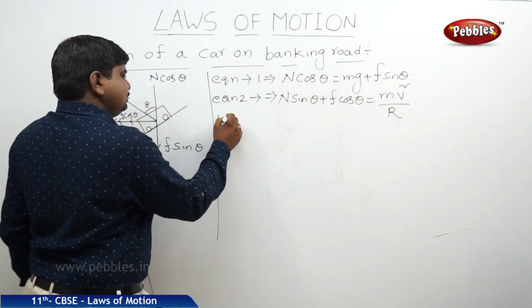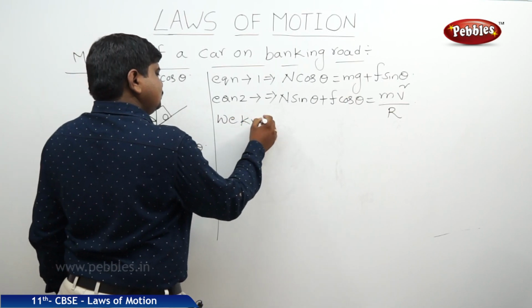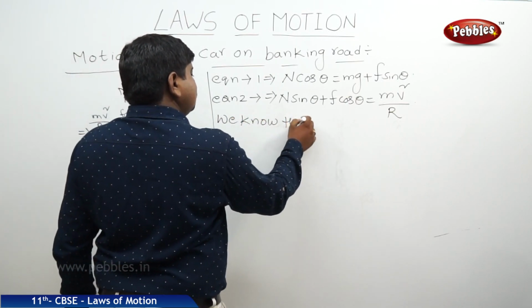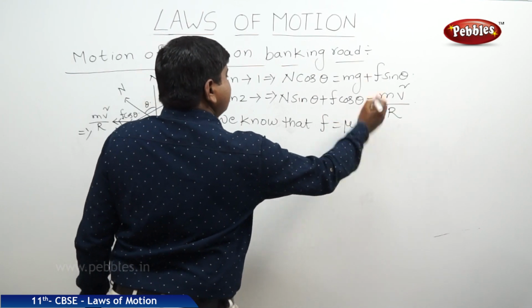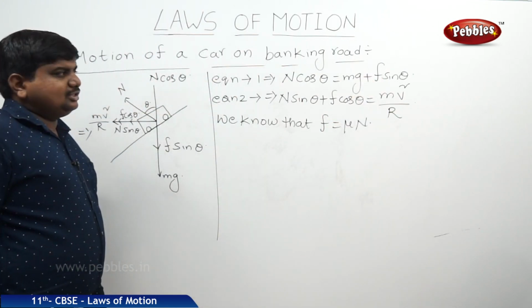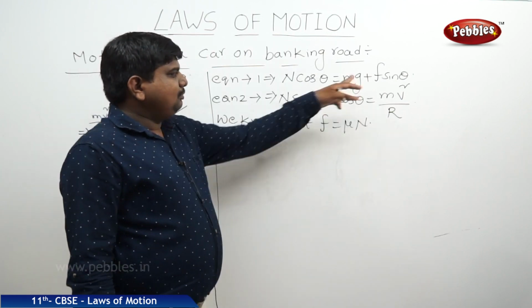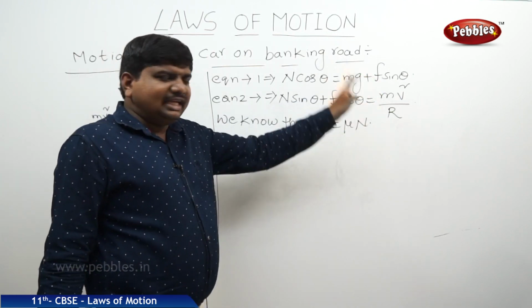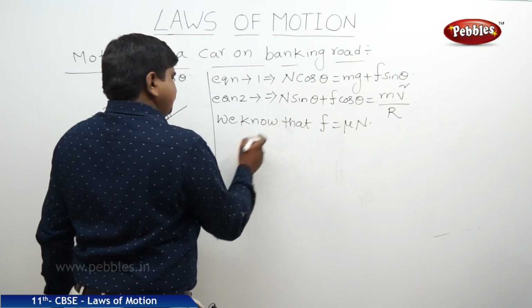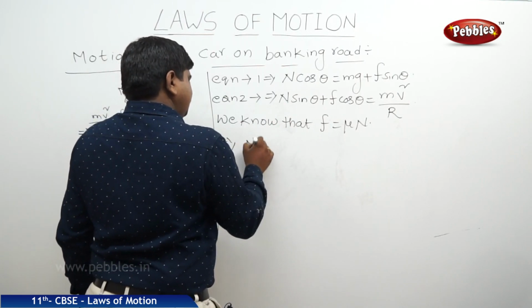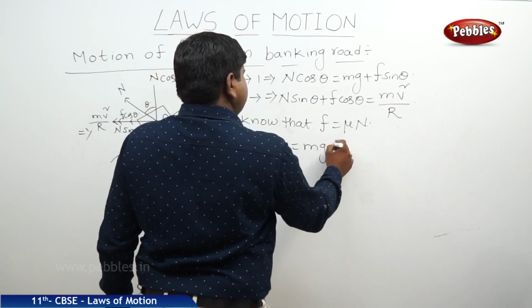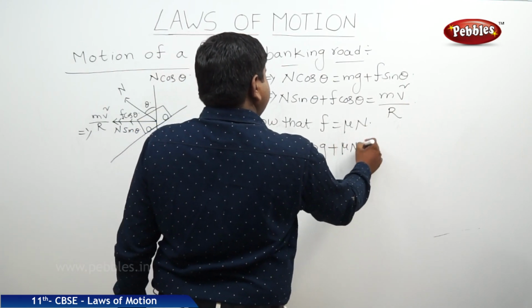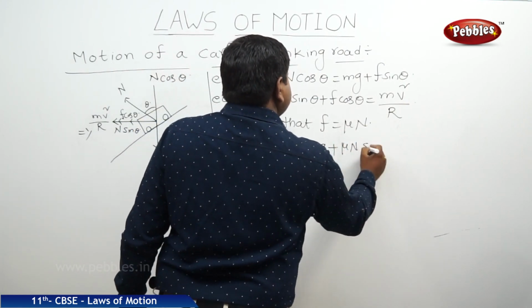So we know that F is equal to mu n. So it is better to substitute the mu n value in any one of the equations. Therefore, n cos theta is equal to mg plus mu n sin theta.